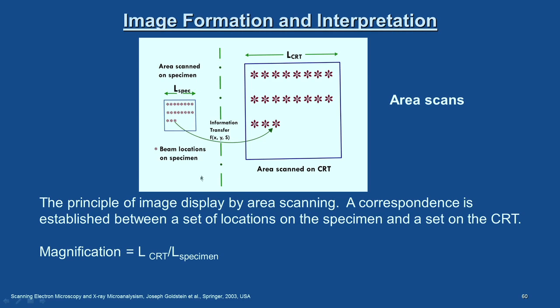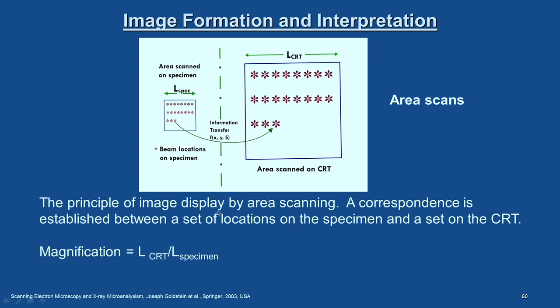What we are interested in is not just a line scan, but area imaging. This schematic illustrates the principle of area scans. You have the beam locations on the specimen, and the area is scanned on the specimen, with a linear dimension L on the specimen, in synchronization with the area displayed on the CRT. Each area is scanned and simultaneously shown on the CRT screen.